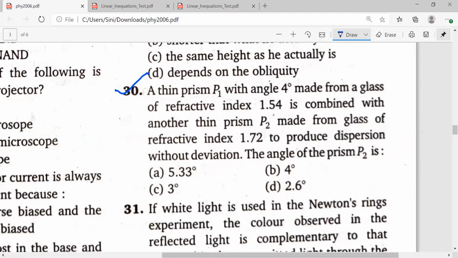The angle of prism P2 is what? Just now you did your class 12th, so I'm expecting answers from you guys for this.